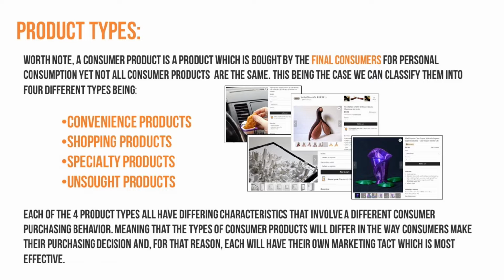We typically have B2B, which is business to business, where another business is buying your product to use in their final product, or you have B2C, where a business is selling directly to the end consumer. In this case, we're talking about B2C, selling to the end consumer. Sorry for the nomenclature, but it's really important that we get that out there so we're all working off the same page.